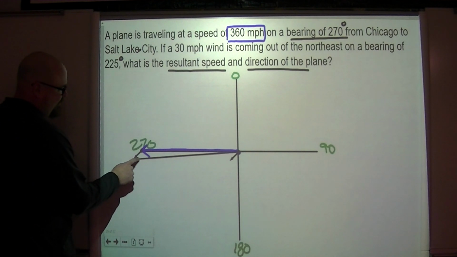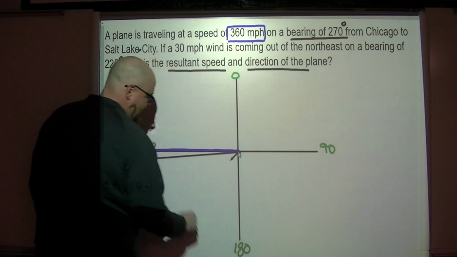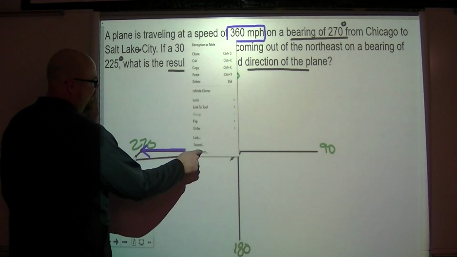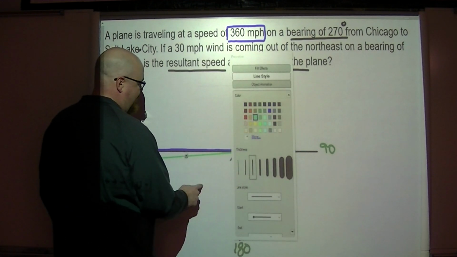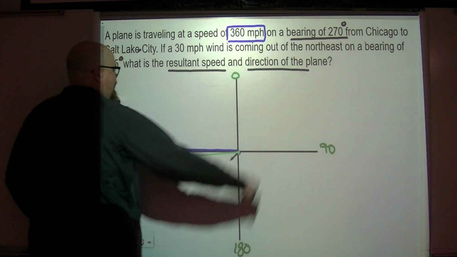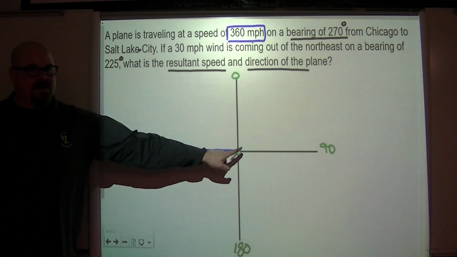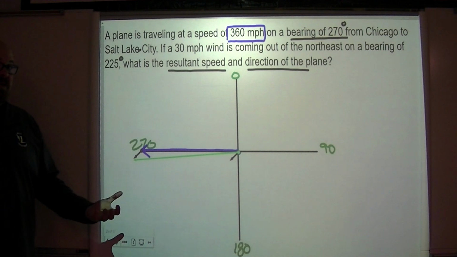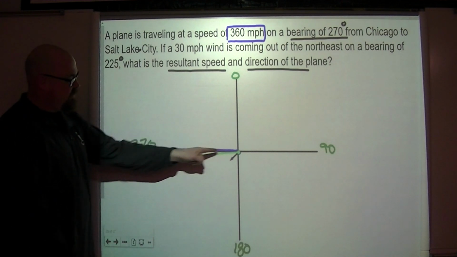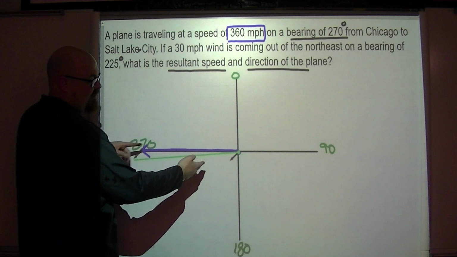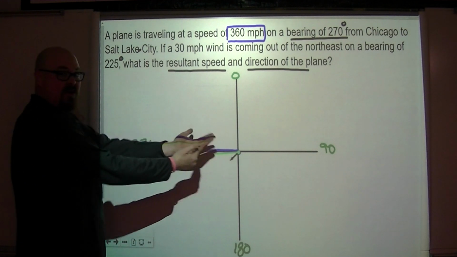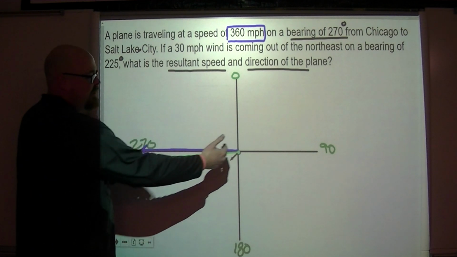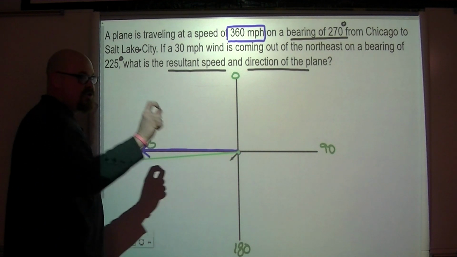So this third vector that I'm drawing right now, that I'm going to change the color of, let's make it green. This green vector is the resulting direction and speed of the airplane, which makes sense, right? The plane was traveling this way, the wind was traveling in relatively the same direction, to the west, if you will, and it's pushing it down just very slightly.